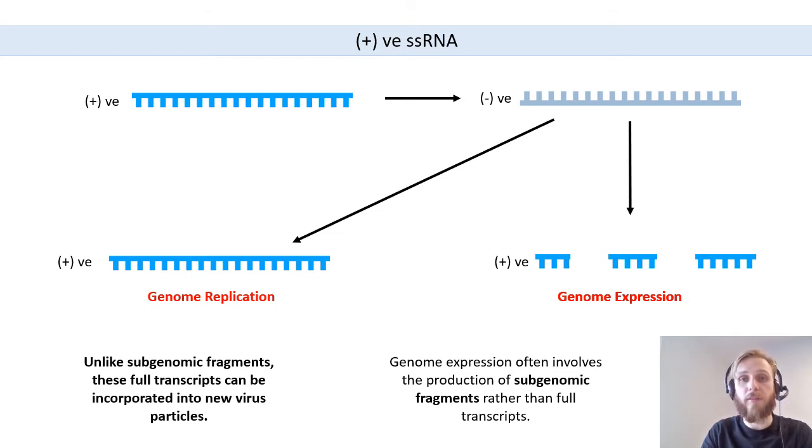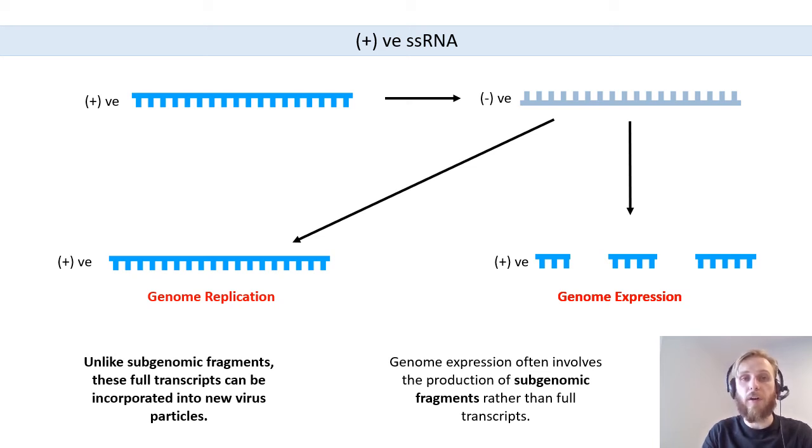So they need to stop producing subgenomic fragments from the negative sense intermediate and start producing full-length genome copies from the negative sense intermediate. So they need to go from this process on the right, genome expression involving subgenomic fragments, to this process on the left, genome replication, so producing a full-length copy of the viral genome, this full-length negative sense single-stranded RNA copy.